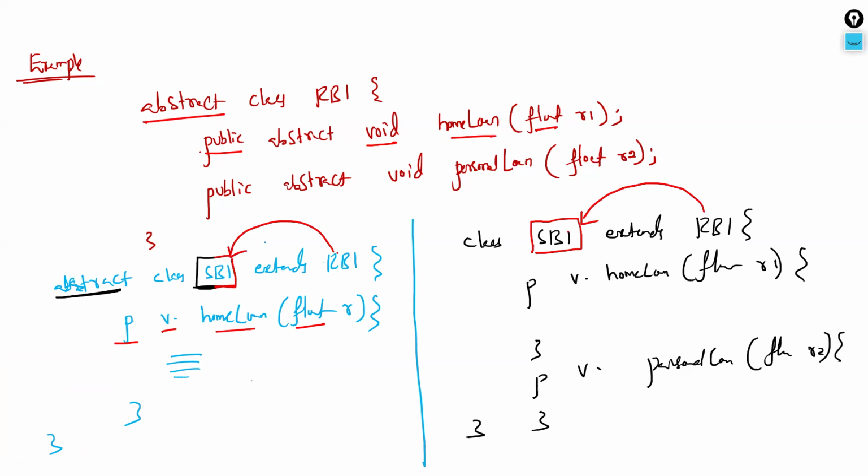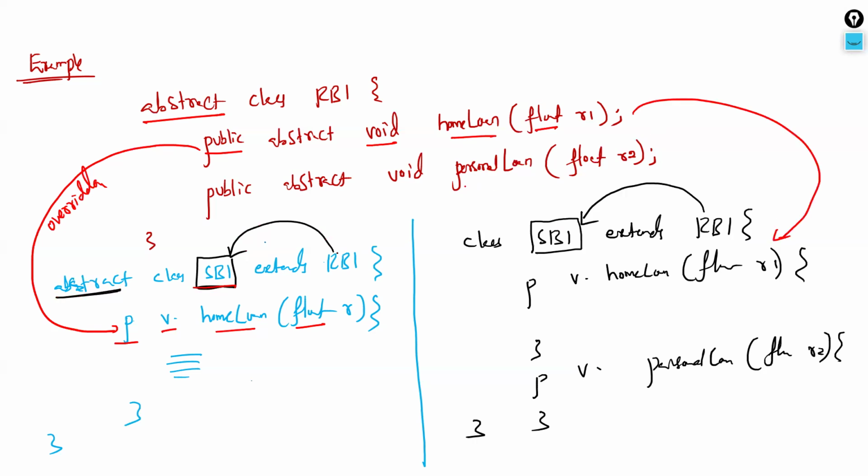Abstract class, abstract methods will be overridden in the child class. Here also these two methods. So this is one method overriding, and this is the second method overriding. How to implement abstract class abstract methods? By overriding only. By overriding in the child class, give the body. Any questions?